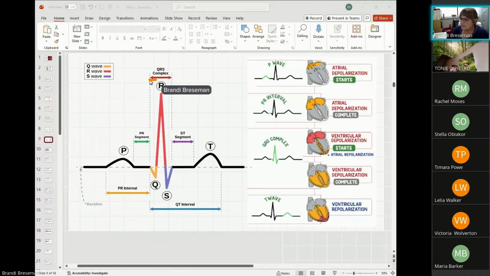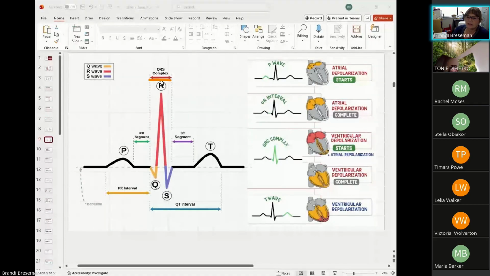That's what gives us our heartbeat when the ventricles contract. So for every QRS complex, that's a heartbeat. So in that 6-second strip, if we count how many QRS complexes we have here, and multiply that by 10, that gives us our heart rate. And again, we will do this.